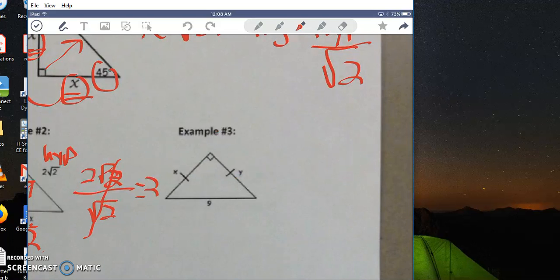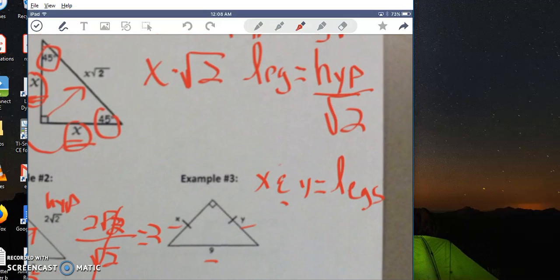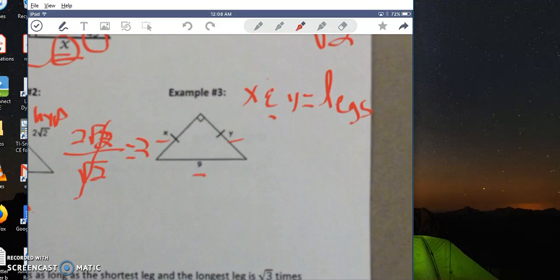In the third example, we have to find x and y. Both x and y are legs in this situation, okay? But we have the hypotenuse. Remember, to find the leg, it is the hypotenuse divided by radical 2.